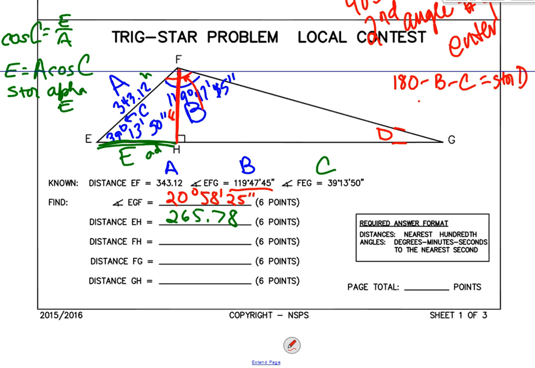How do you want me to do it? Pythagorean theorem. So F equals the square root of what squared? A squared minus E squared. So do square root alpha A squared minus alpha E squared, enter. And then we want to write it down. So this one's tricky.